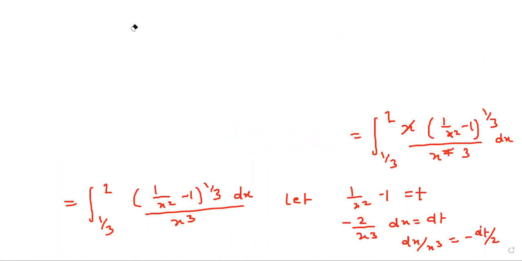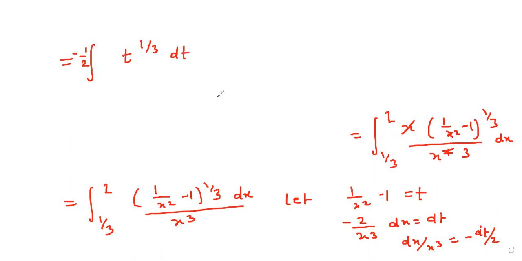So our question will become integration t power 1 by 3 and minus half dt.